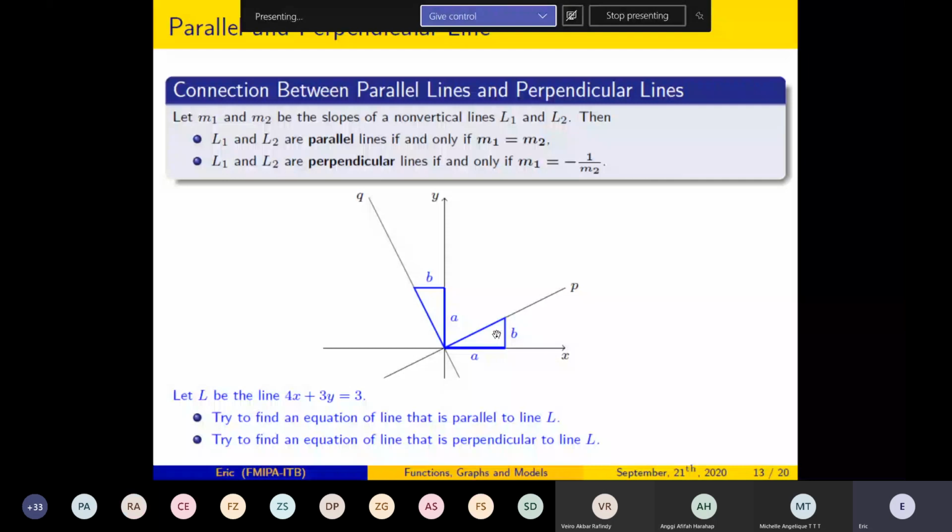If I look at the line that passes through the triangle, this line should be a rotation of this line. So this line has been rotated 90 degrees, and they should be perpendicular to each other.